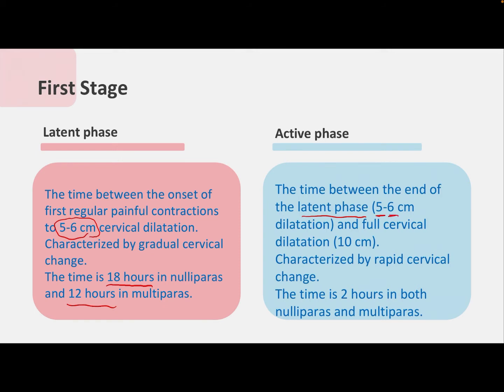The active phase is characterized by rapid cervical changes, and the time for this phase is approximately 2 hours in both nulliparous and multiparous women.